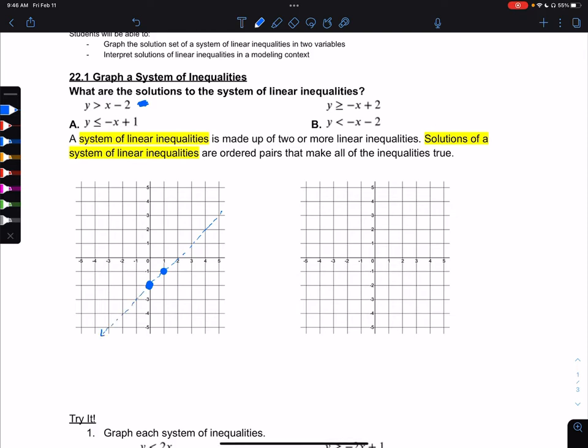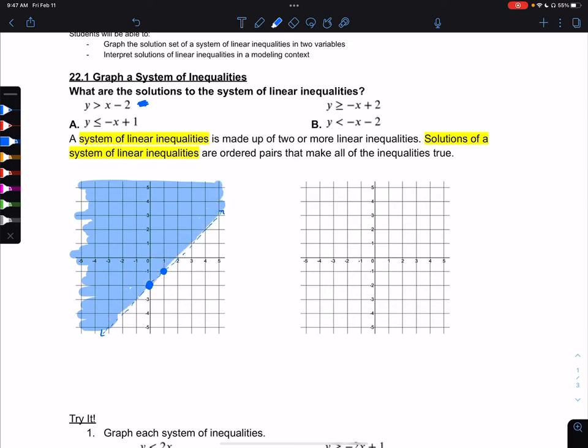And so we have our inequality there, and then we need to figure out where we're going to shade. So we want greater than. Remember, greater than would be above, so we would draw an arrow up. That tells us where we want to shade. So for the first inequality, I'm going to shade everything in this top portion of my graph.